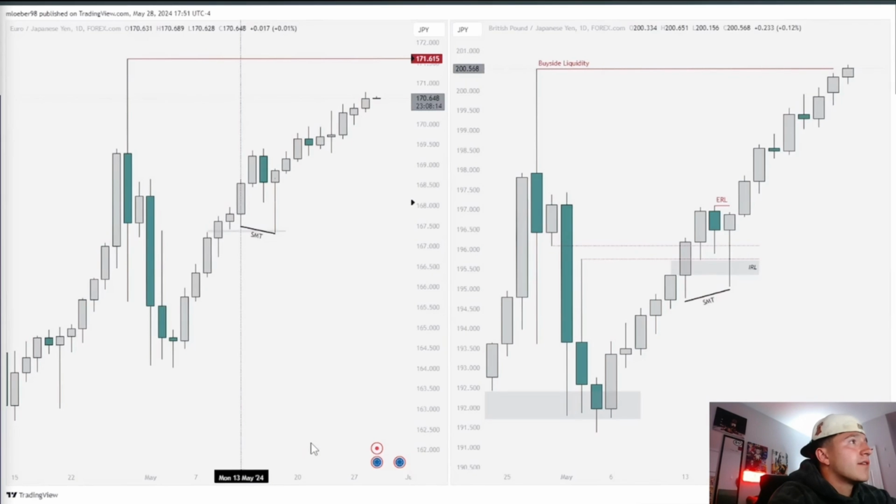And like I said, given the fact that EG was bearish and we have a higher low on GBPJPY, a lower low on Euro JPY, my focus will be on GBPJPY longs off of this daily bullish fair value gap.